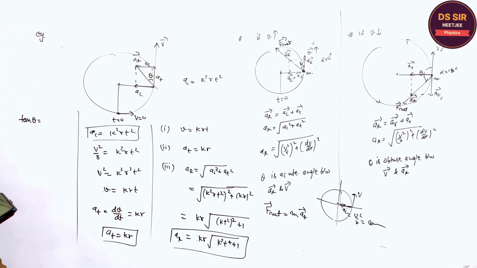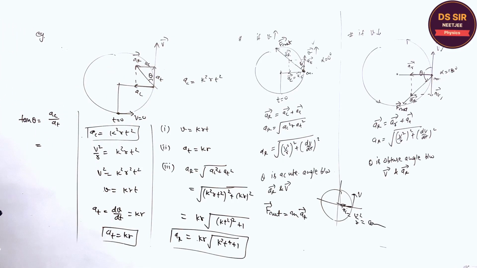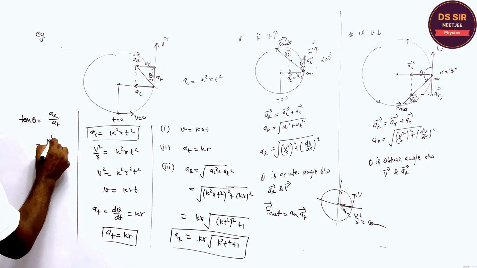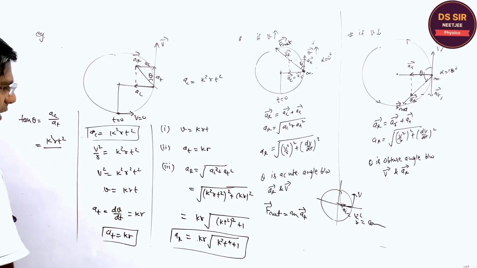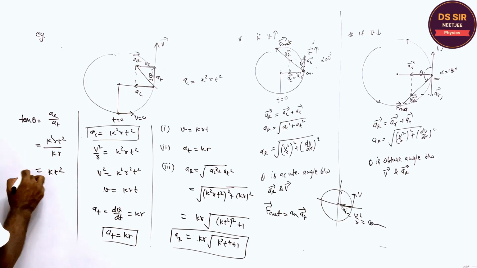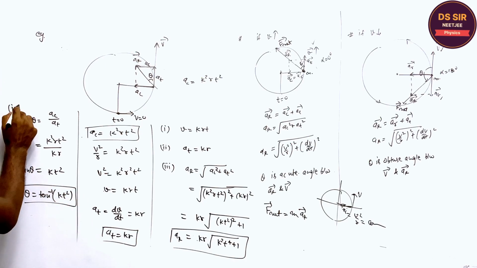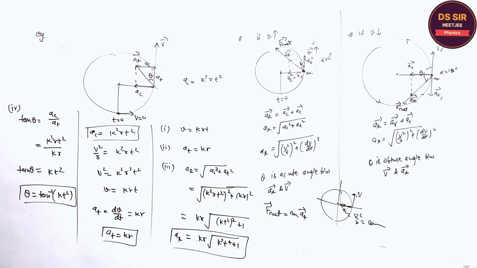Is it clear or not? So tan theta is nothing but AC upon AT. What is the AC? This is k square r t square divided by AT. This is k into r. So k t square, this is tan theta. So the angle is nothing but tan inverse k t square. So this is our fourth part of this question. Do you understand the solution?